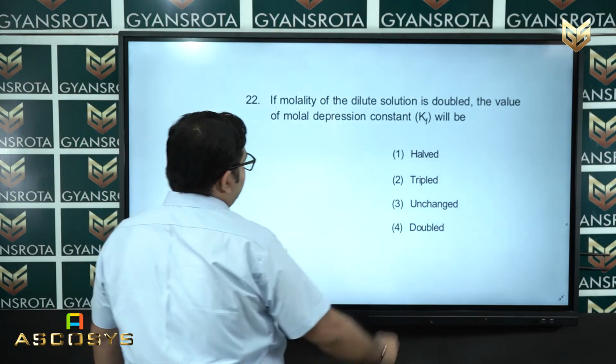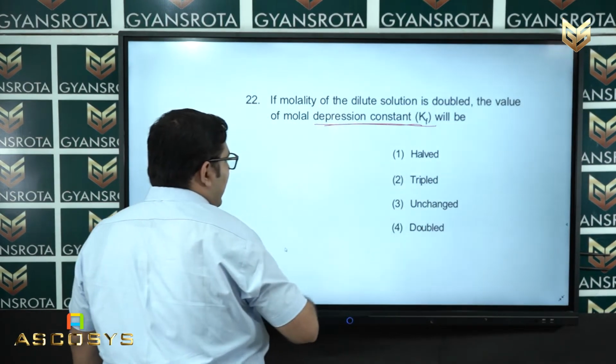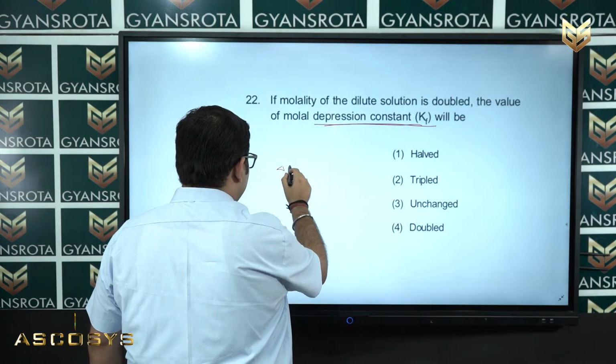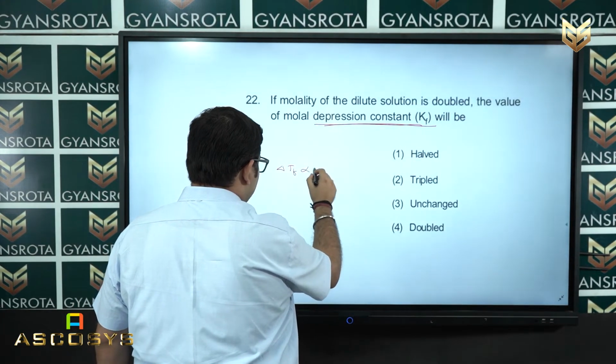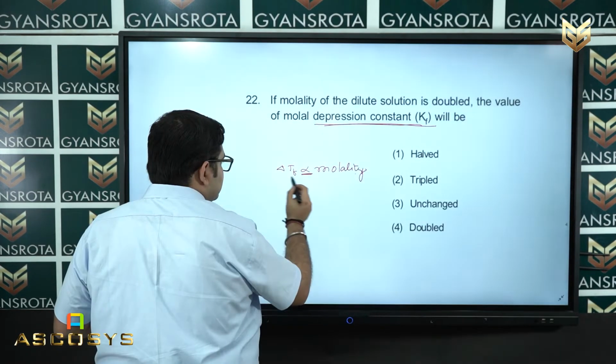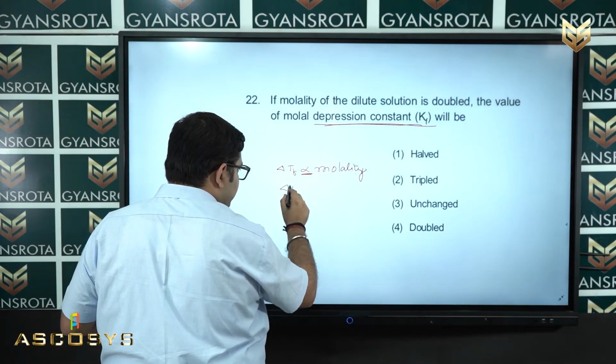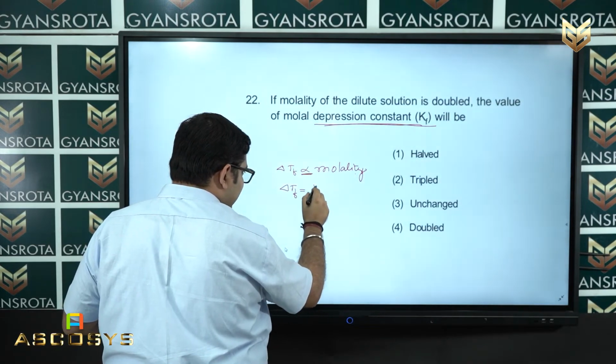So, if you see, this is given as depression constant Kf, and we know delta Tf is directly proportional to the molality. When I remove this proportionality sign, we get Kf.